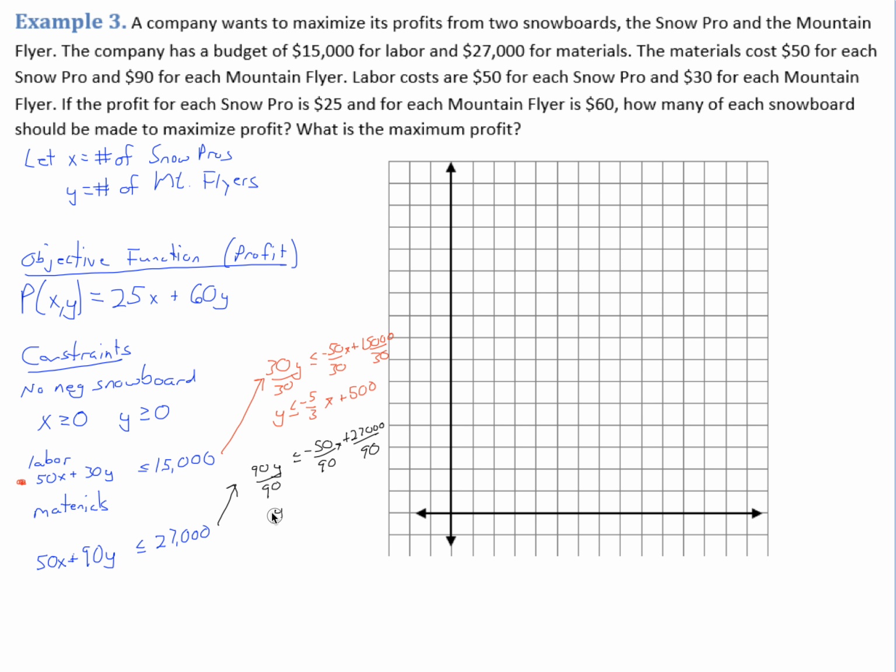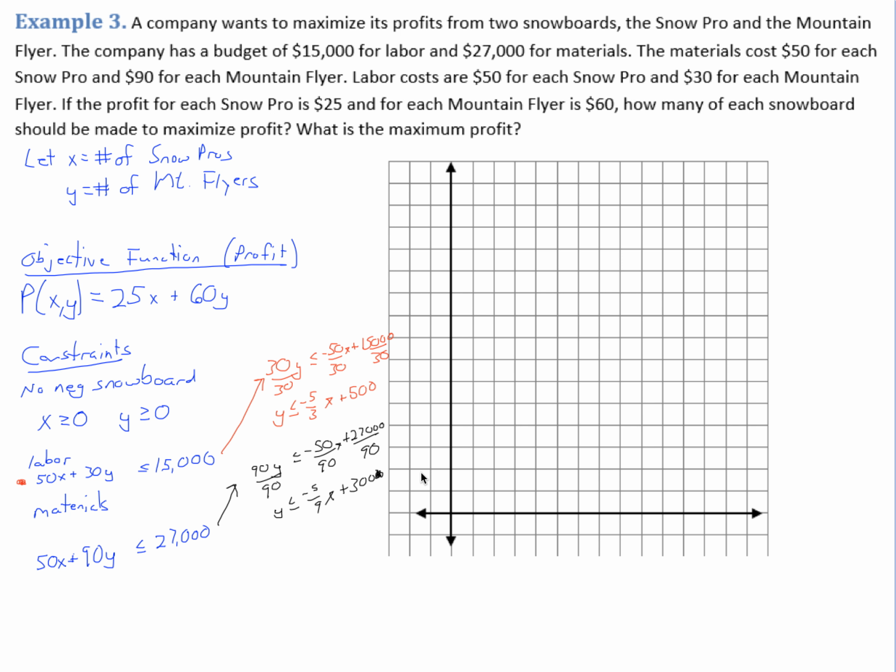And we get y is less than or equal to negative 5/9 x plus, 90 goes into 27,000 300 times. Oops, 300, not 3,000.